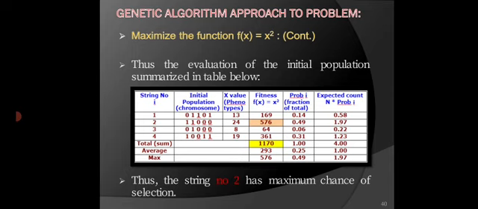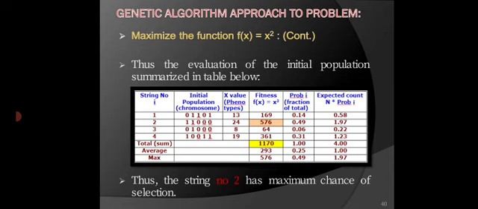We have already seen the table in our previous discussion. So we have selected 4 strings. The binary encoding of these is this. Now after decoding, the values of x are this.